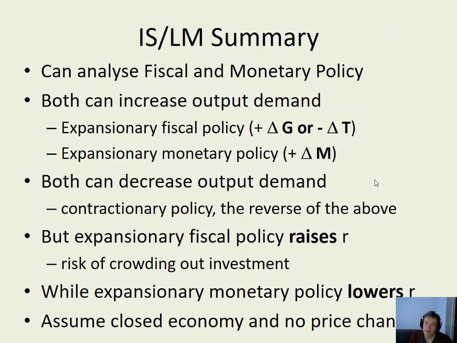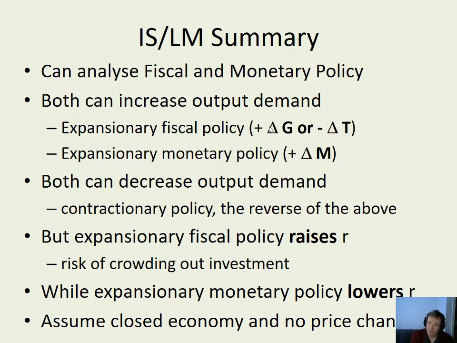So through that quite simple addition of moving the LM curve, you can analyse fiscal and monetary policy. Both of these things can increase output demand. Expansionary fiscal policy, which means an increase in government spending or a decrease in taxation, or an expansionary monetary policy, which is an increase in the money supply. Either of these things will increase output demand.